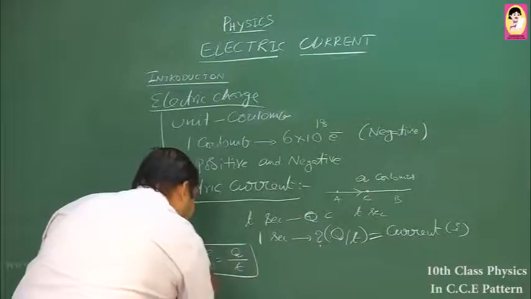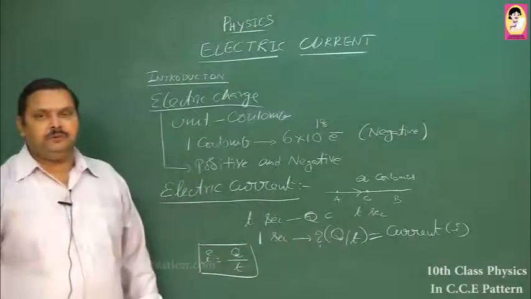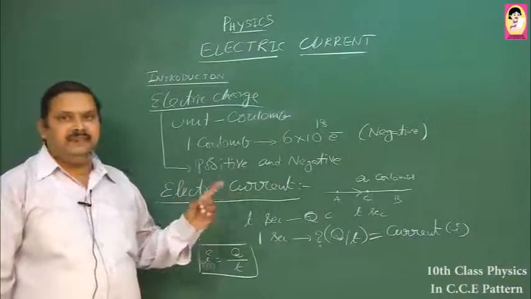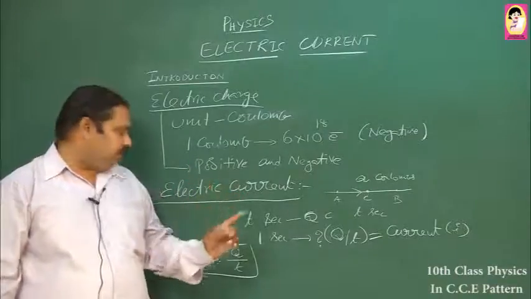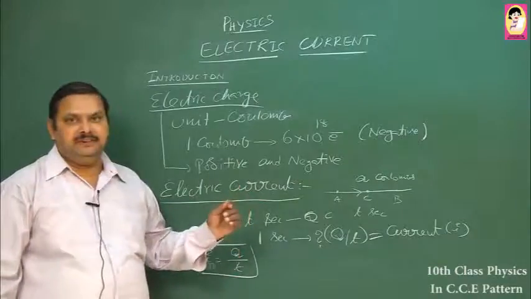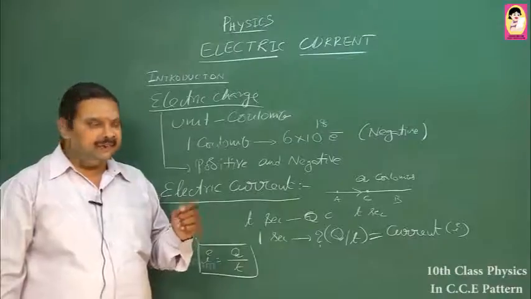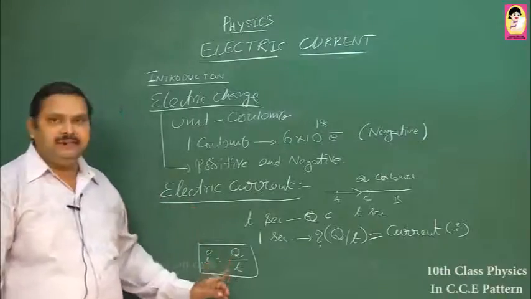This is the mathematical expression to calculate the current. The definition of electric current is the rate of flow of charge passing through a conducting wire, and the formula is I is equal to q by t.